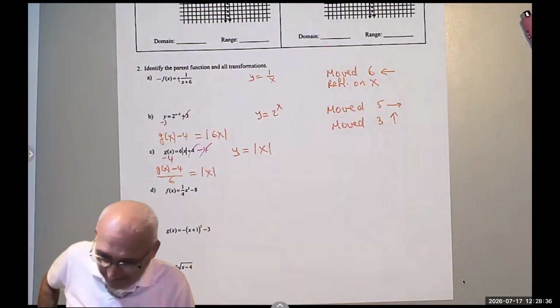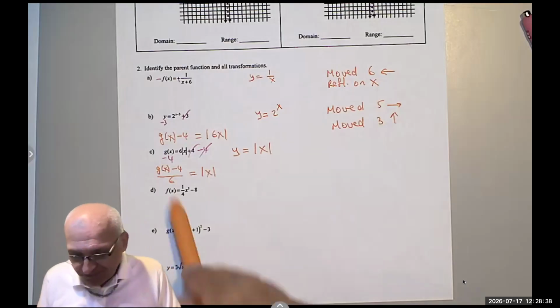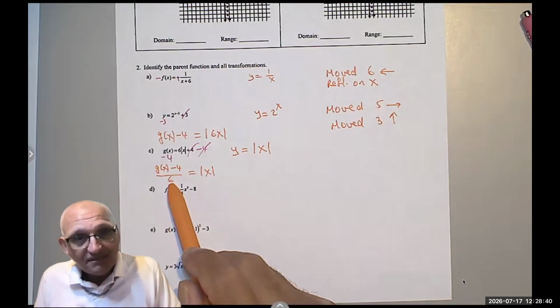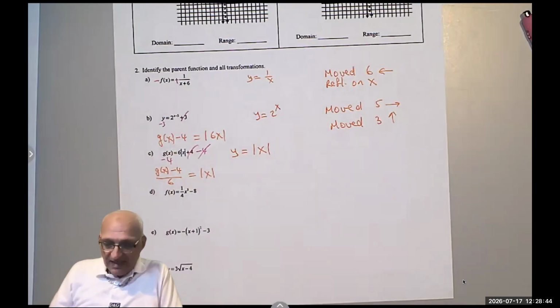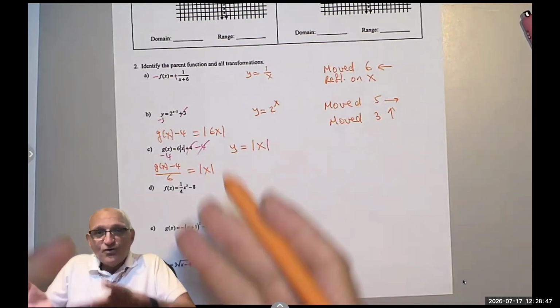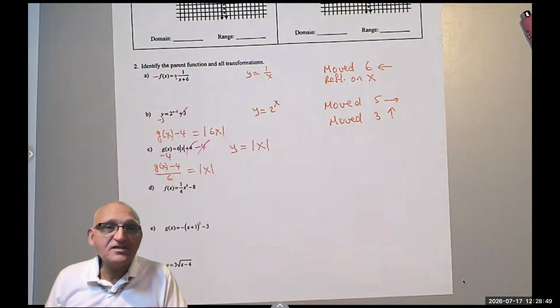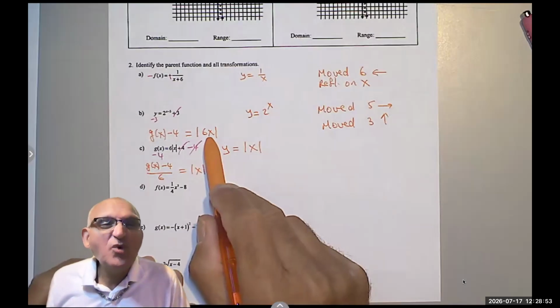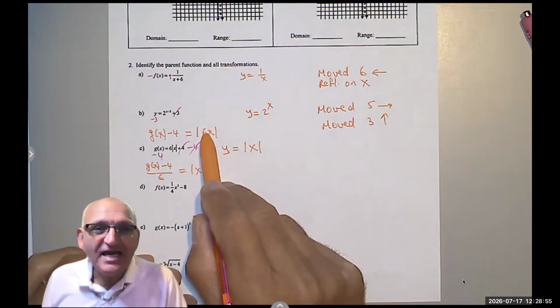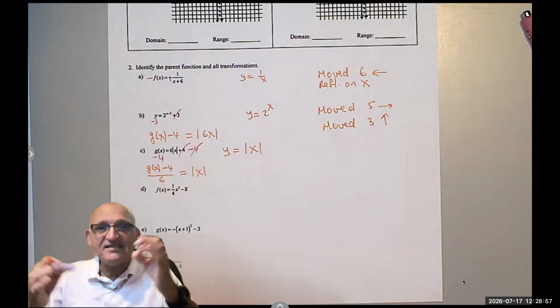So from here, I'm going to say multiply the x by 6. So I'm going to stretch it up and then add 4, meaning move the whole thing 4 units up. Here, I'm going to squeeze the x, shrink the x by a factor of 6. It's exactly the same thing.